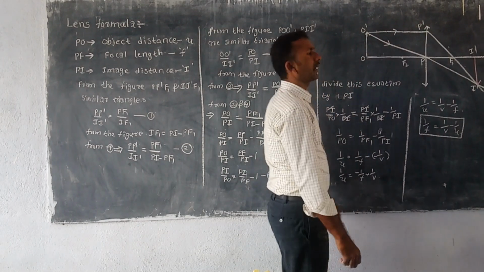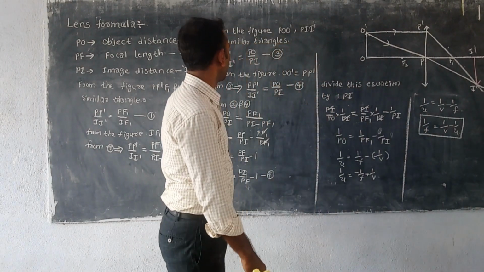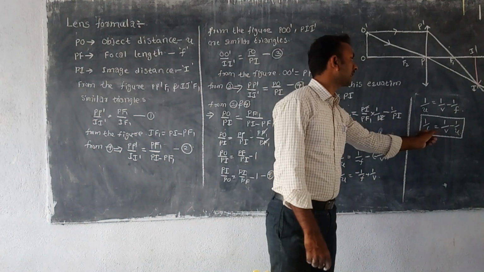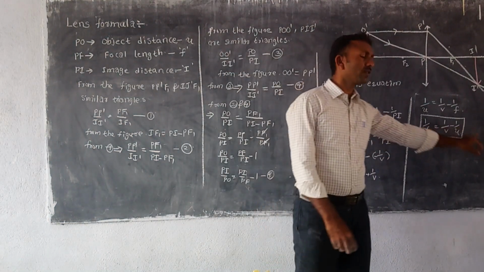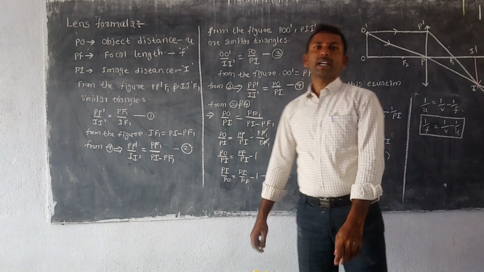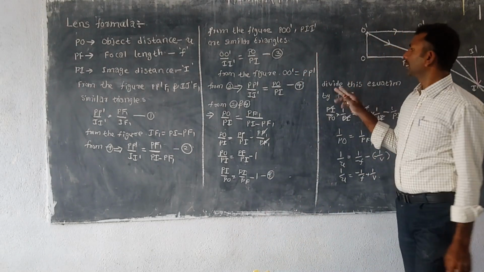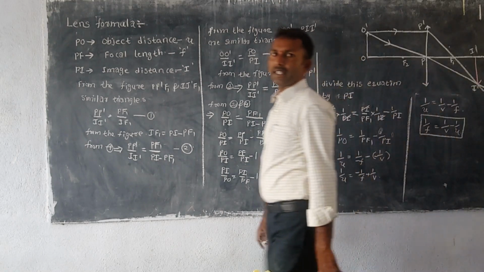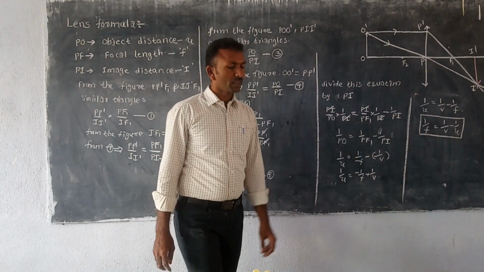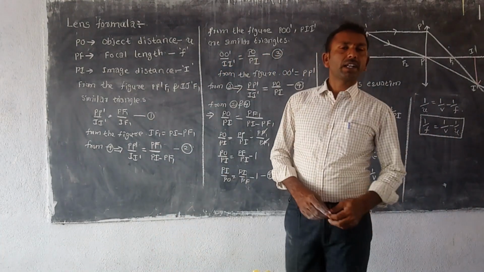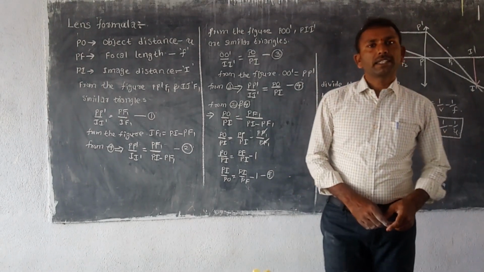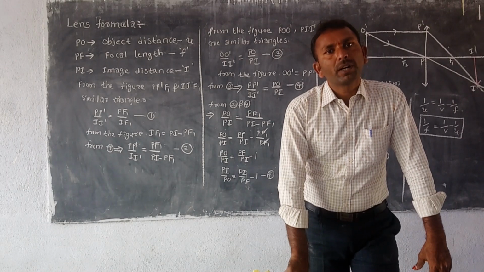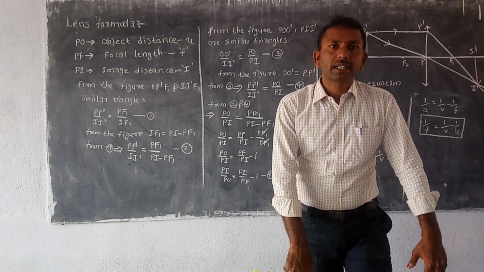Substituting the values, finally we got the equation 1 by F equals 1 by V minus 1 by U. This is the lens formula. While using this lens formula, we must always remember one thing: we must use the sign conventions.